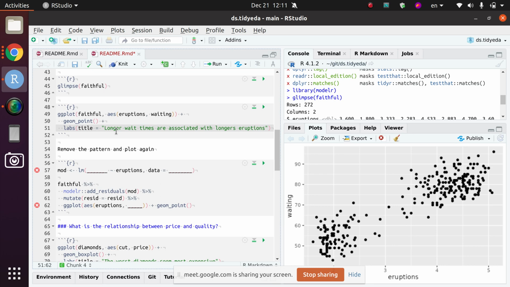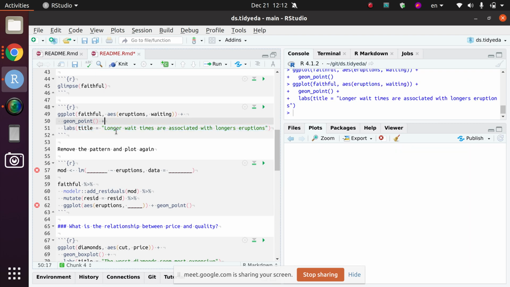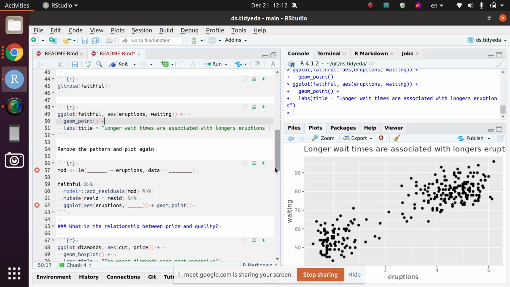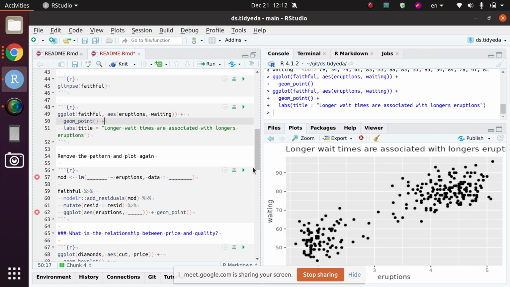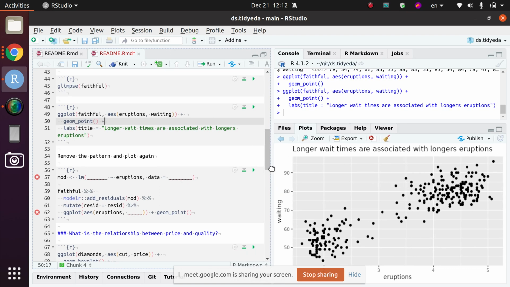There could be no relationship, or maybe longer waiting times could be related to shorter eruptions, but this is not the case. So this is a useful exercise to try to describe in words what relationship we see. Now if I complete that plot, we can see this little title that describes what we're seeing here.